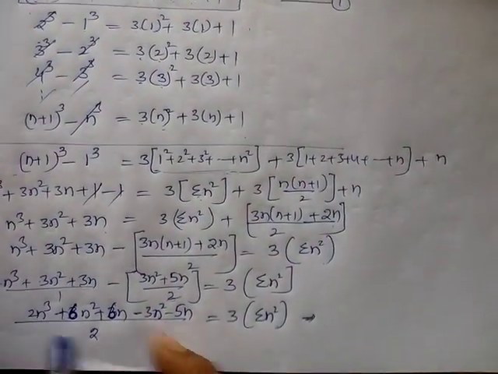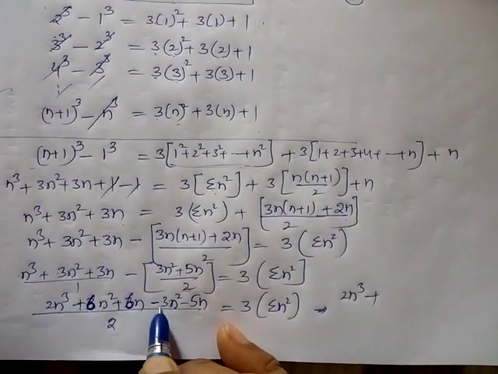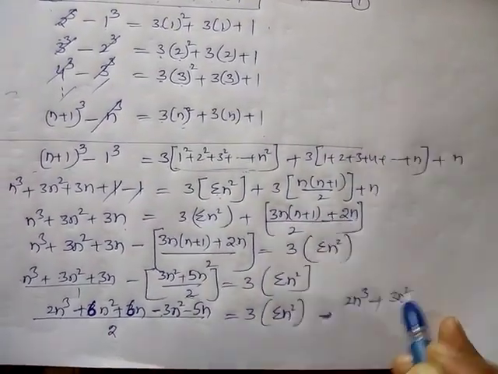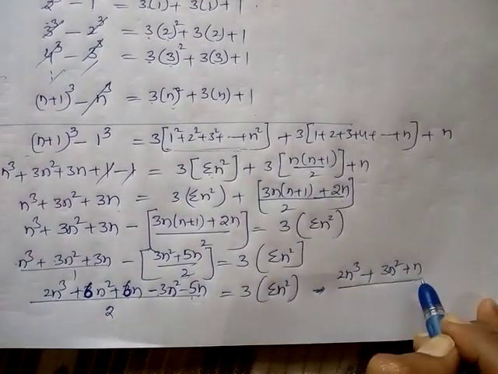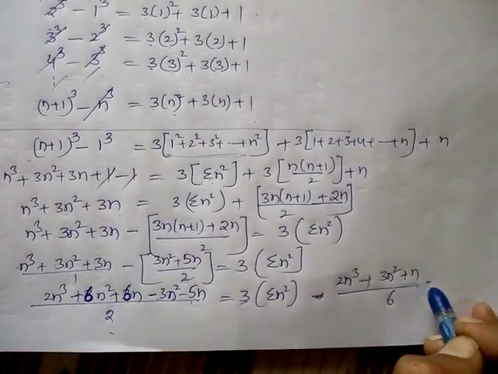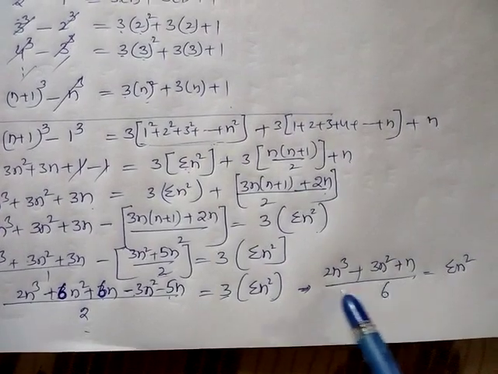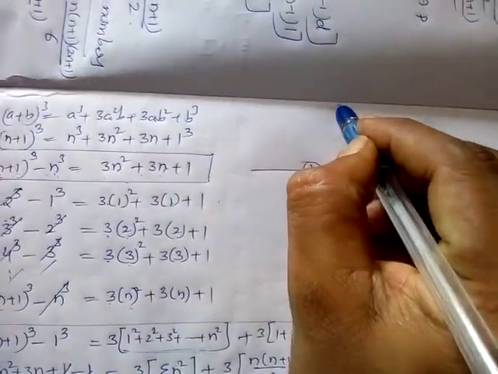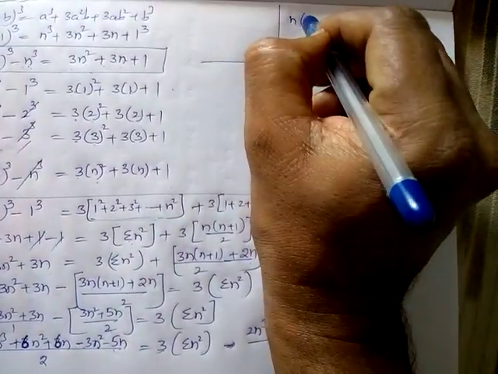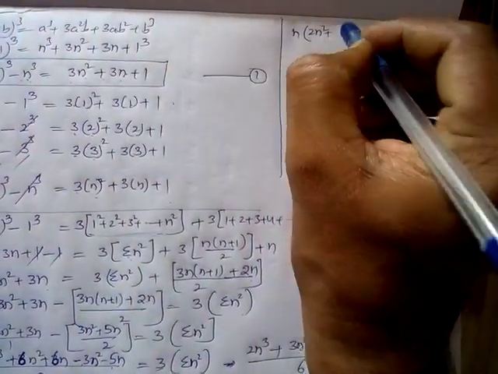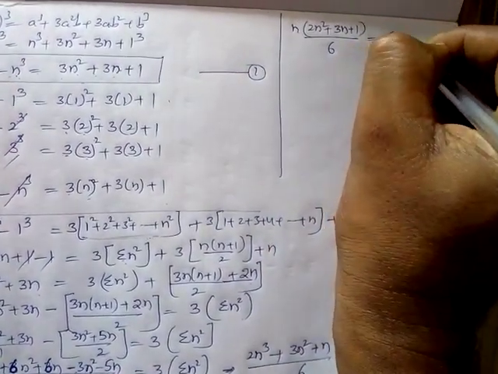So that implies 2n cube plus 6n square minus 3n square, 3n square plus 6n minus 5n, that is n, by 2 times 3, which is 6, is equal to sigma n square. So which one is common? By taking common n, n of 2n square plus 3n plus 1 by 6 is equal to sigma n square.